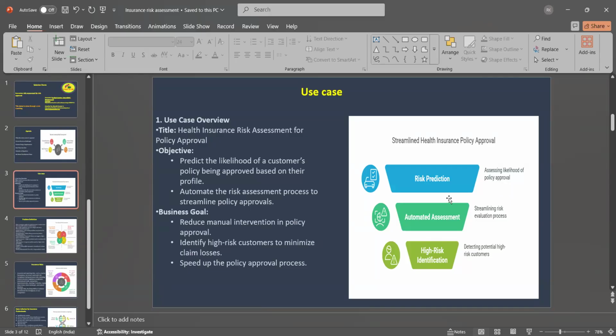This streamlines the evaluation process through automated assessment, and high-risk identification, detecting potential high-risk customers, to reduce the high risk in policy approval.